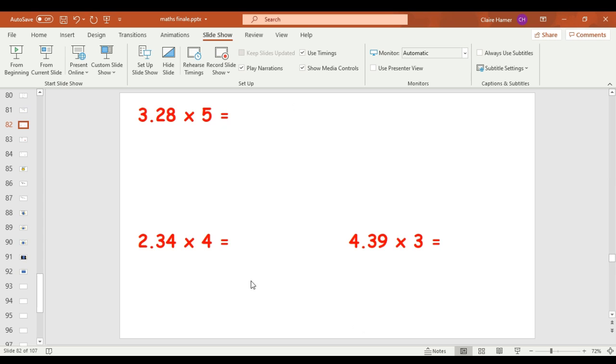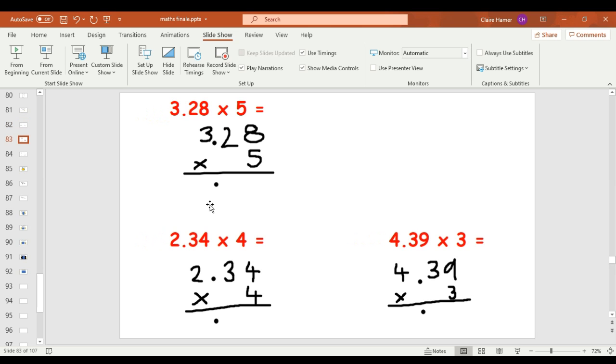For some of these, I think you'll find it too tricky to do efficiently just in your head. So you could set it out like this. This is the same as column multiplication. The only thing you need to remember is to pop the decimal place in the correct place. So you need to line up the digits carefully. Pause the video and have a go.